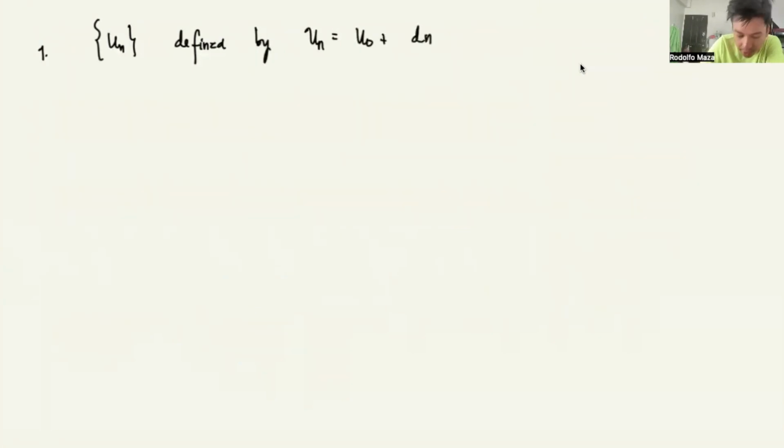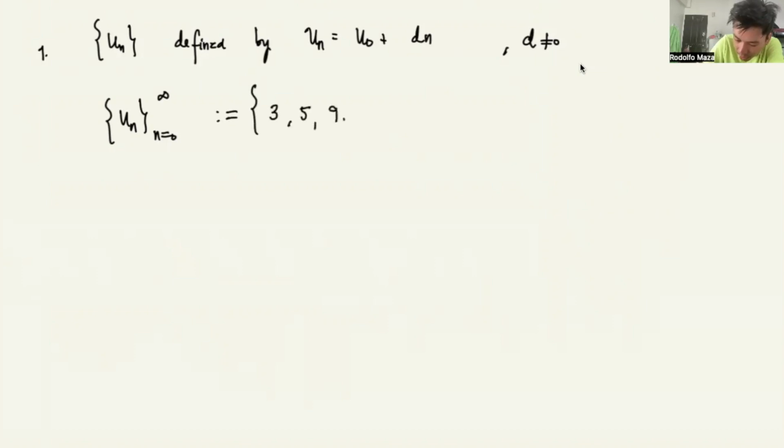Yun. Okay, let's consider, for example, let's say you have u sub n, defined by u sub n equals, let's say, u sub 0 plus d times n, where your d is not 0. Okay, so let us say, for example, you have u sub n, n from 0 to infinity. So, ang mangyayari dyan, this is equivalent to, let's say, yung laman is 3, 5, 7, 9, 11, and so on.